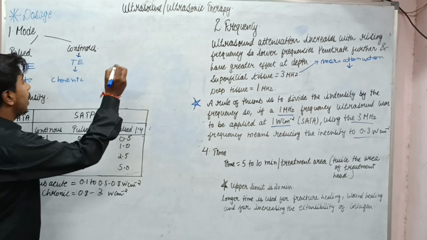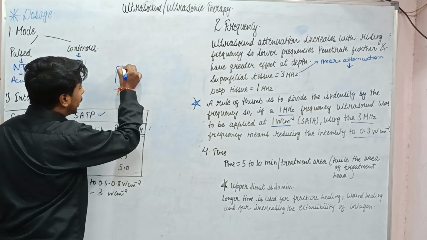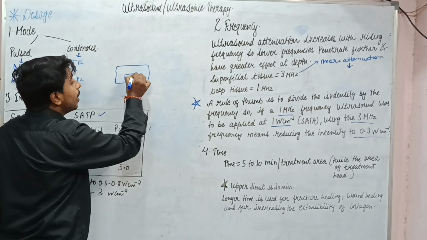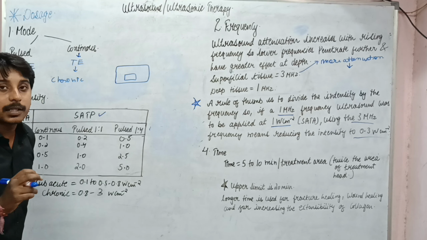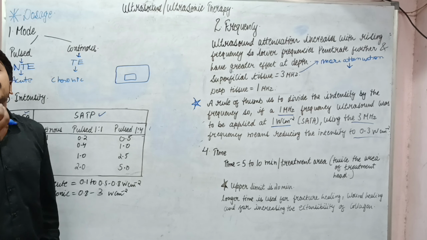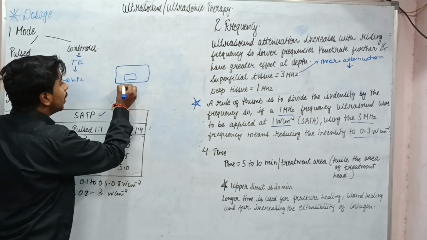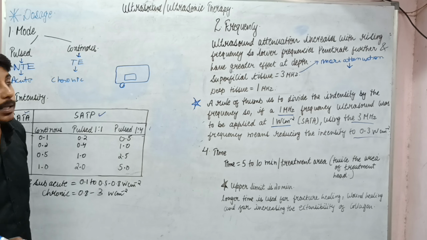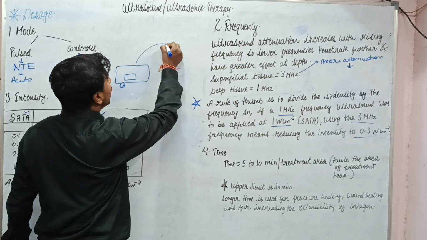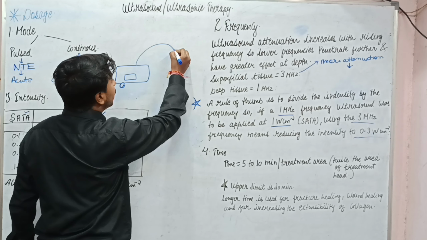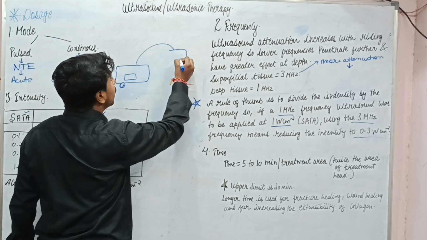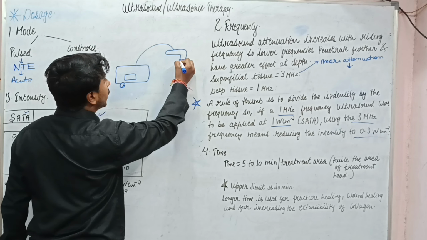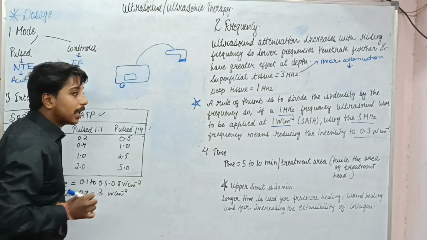See, this is an ultrasound modality. I am drawing an ultrasound modality. This is the display of ultrasound and it will display some intensity, and this is the knob which I will turn to increase the intensity. This is the coaxial cable, and here I am drawing a transducer head. Okay, so let us understand.